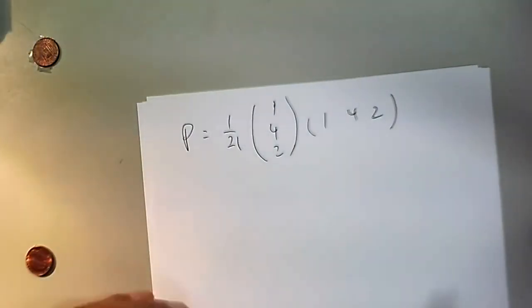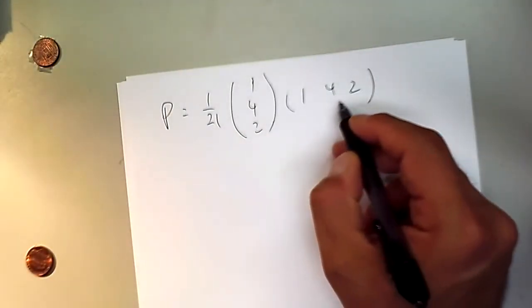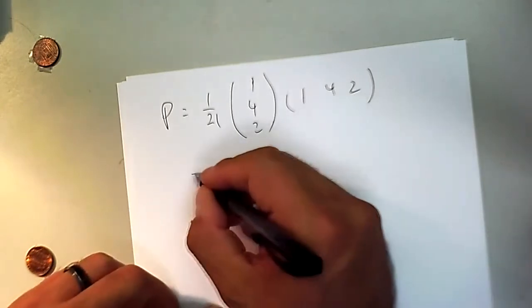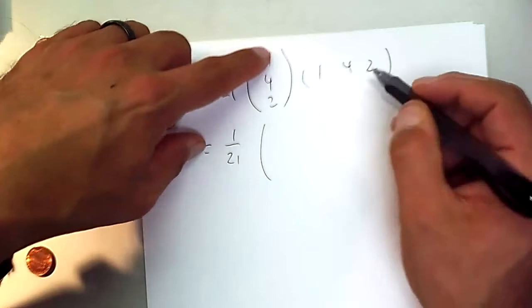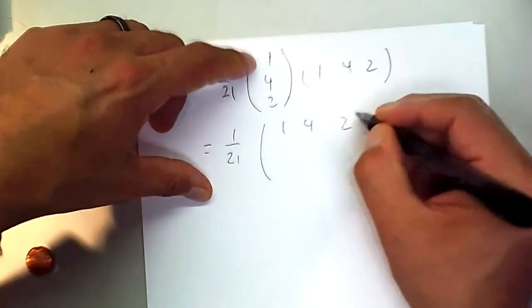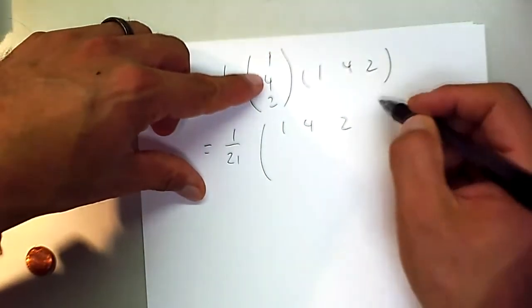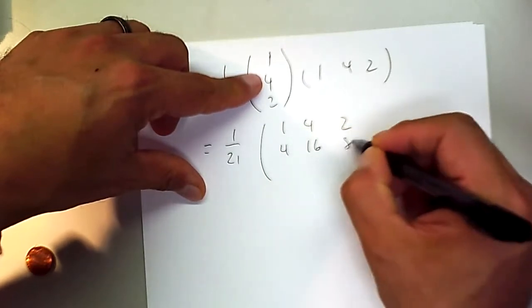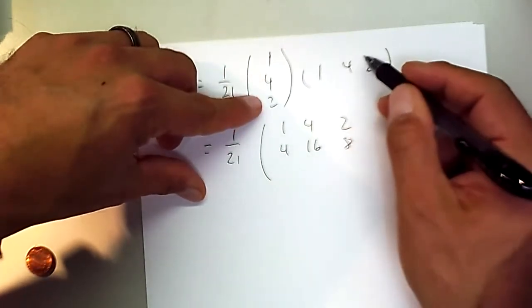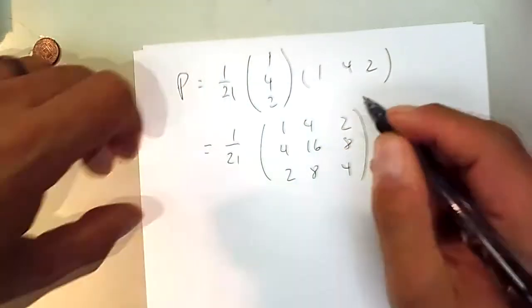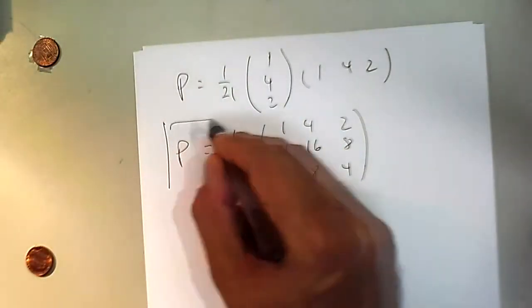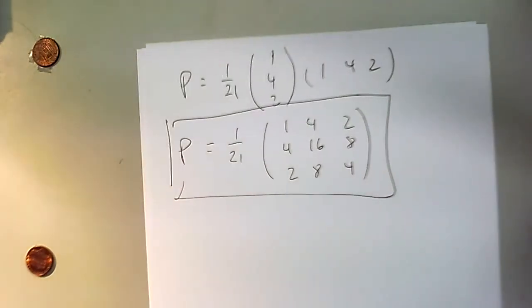So we're going to end up with 1 over 21 times 1, 4, 2, 4, 16, 8, 2, 8, 4. There, this is our projection matrix.